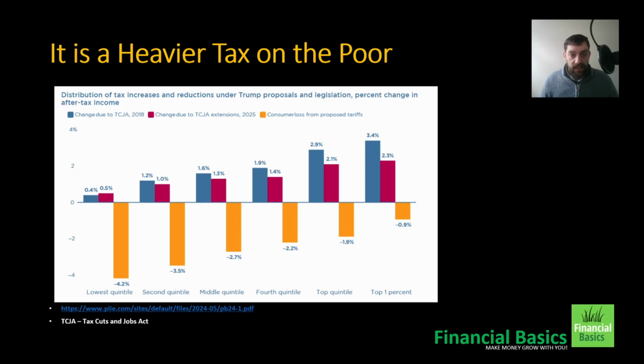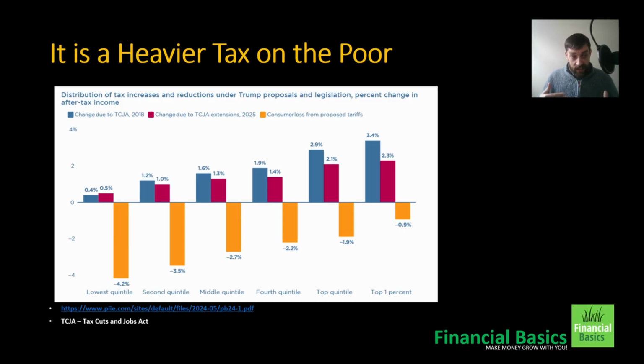So we can clearly see through the analysis, and I've linked it below as well, that it impacts the poor more. There is also something called the TCJA, which is basically the Tax Cuts and Jobs Act, which actually reduced taxes for companies and for individuals.